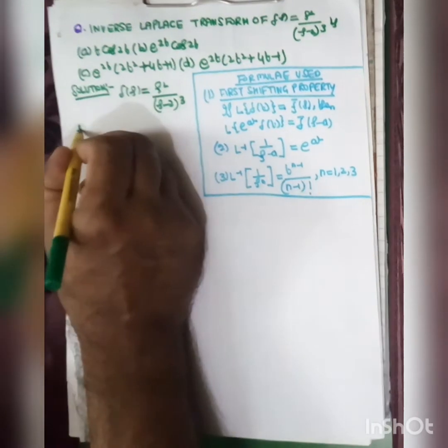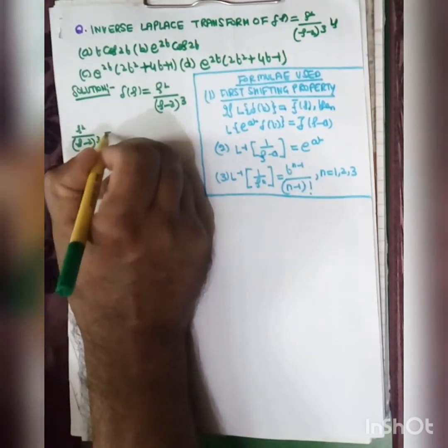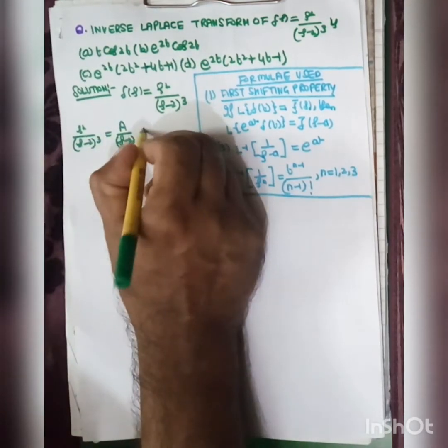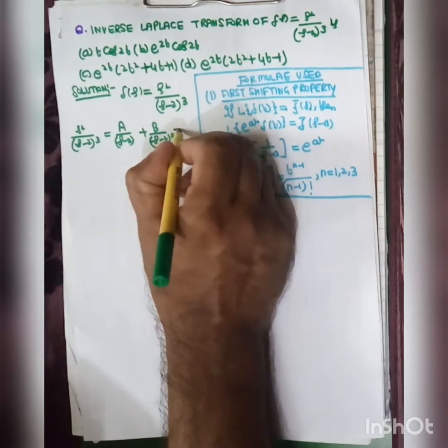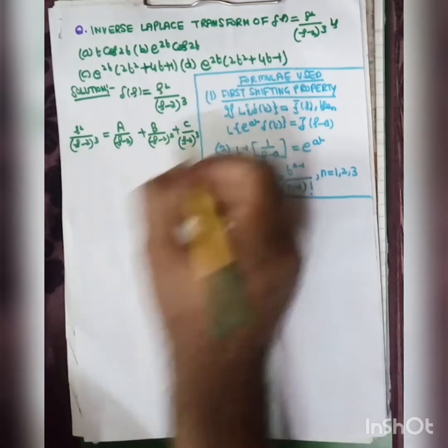So let s square divided by (s minus 2) cubed be equal to A upon (s minus 2) plus B upon (s minus 2) whole square plus C divided by (s minus 2) cubed.